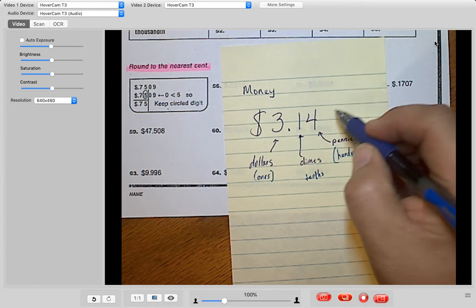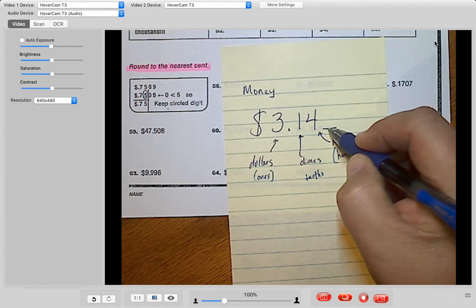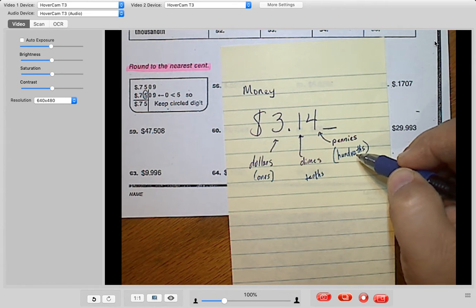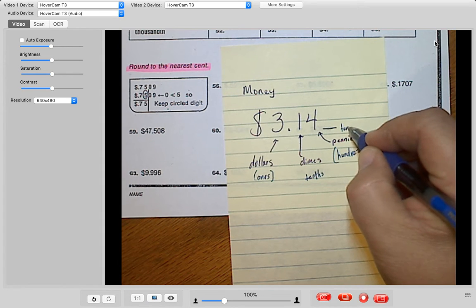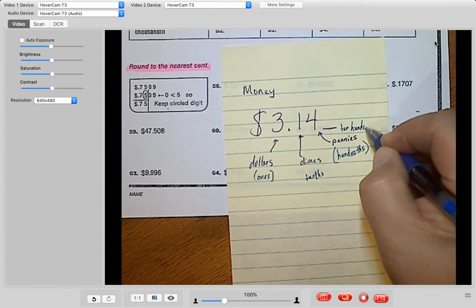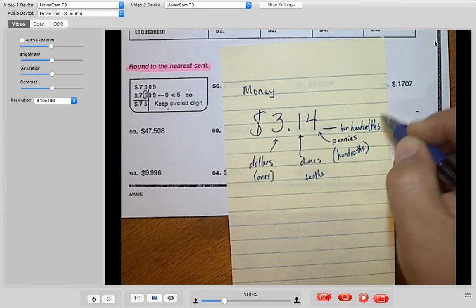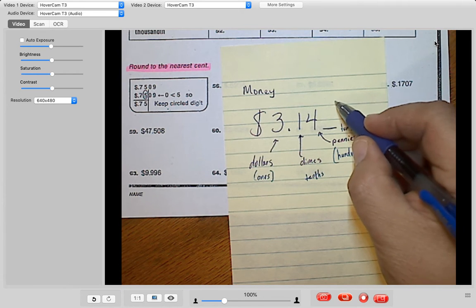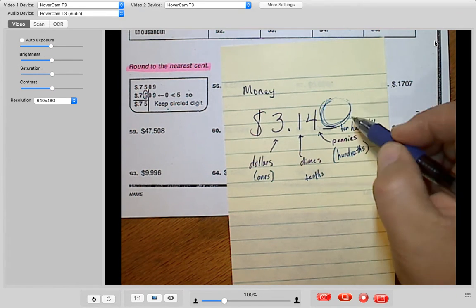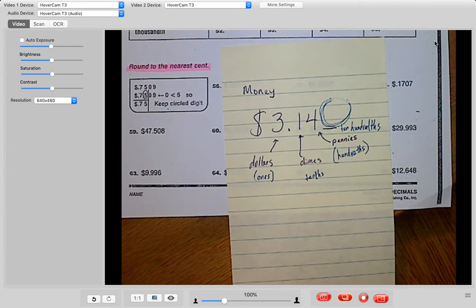See how that's related? The pennies can be split up even more. You can have a value in this space here, which would make it a tenth of a hundredth. But because of the way we are used to writing money, we don't report parts of cents in very common usage. That is a thing, though.